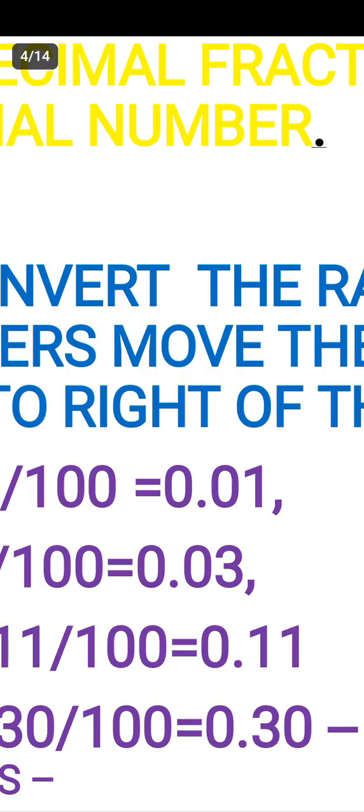So for the digits from 1 to 9, you have 0.01, 0.02, and so on up till 0.09. But immediately it comes to 10, it becomes 0.10, 0.20, 15 is 0.15, 25 is 0.25, and so on and so forth.